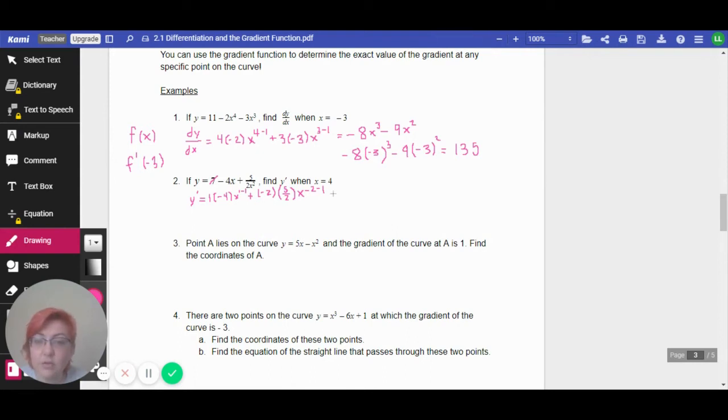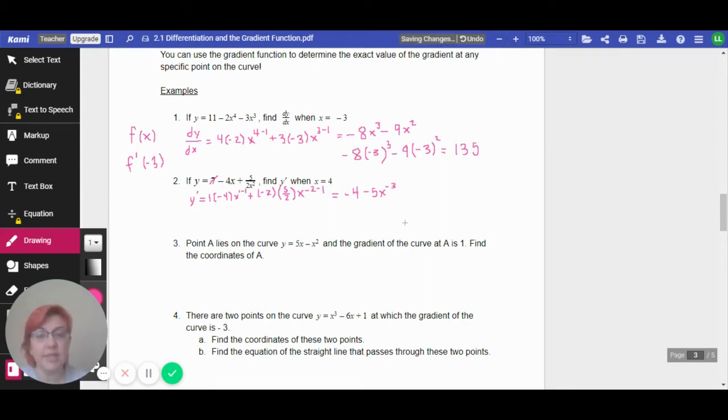So now 1 times -4 is -4. And I know that that x to the 1 minus 1 becomes x to the 0, which is 1, multiplied by -4. We just have a constant now. And now I've got -2 times 5 over 2, which is going to be -5. X, -2 minus 1 is -3.